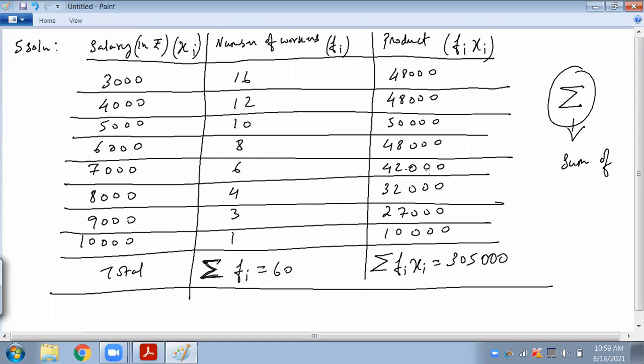After making this table, in the table we have to find the product, and only then are we going to find the mean. So once you're done, you can raise your hand, and then we'll find the mean.